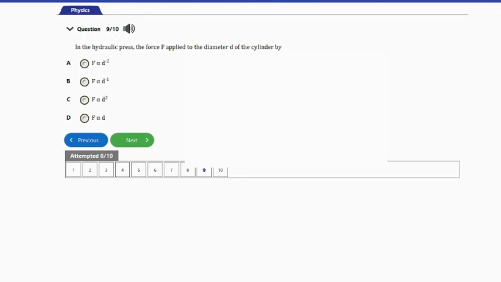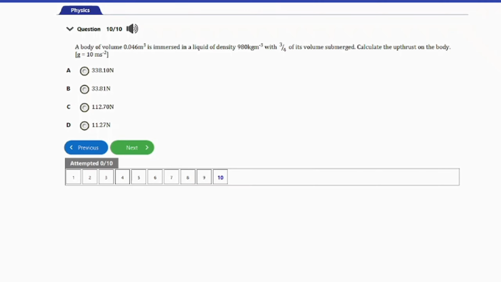Let's go ahead and consider the next and last question, guys. So that's question number 10 here. It says a body of volume 0.046 meter cube is a mass in a liquid of density 980 kilogram per meter cube with 3 over 4 of its volume submerged. Calculate the upthrust of the body.